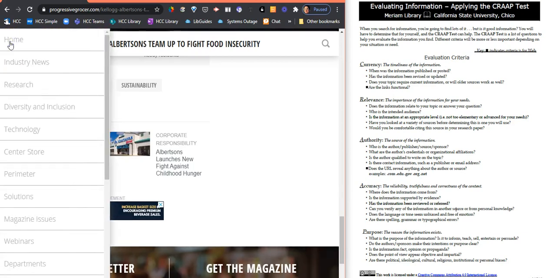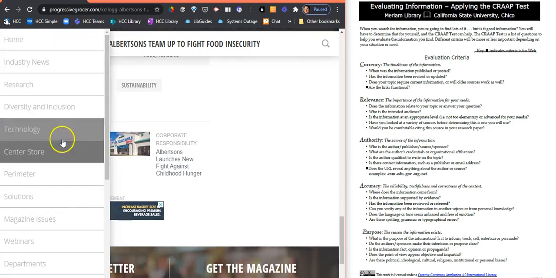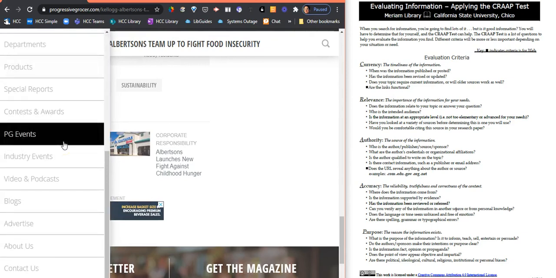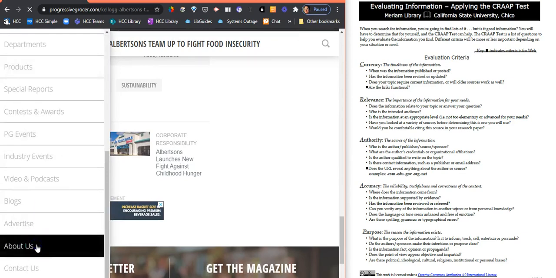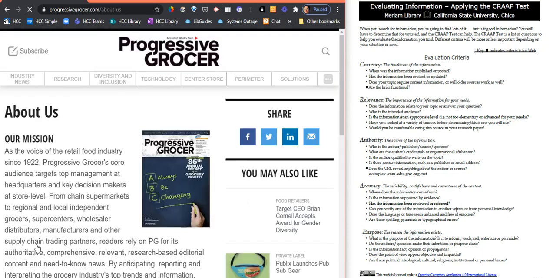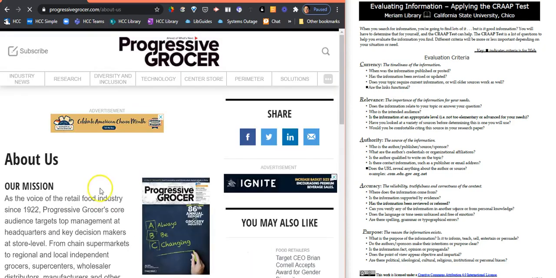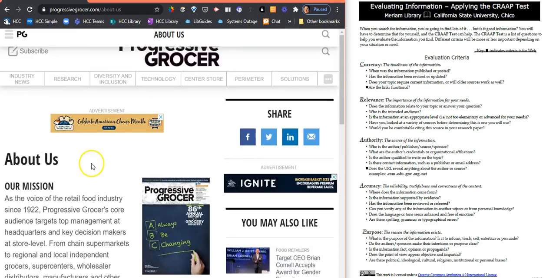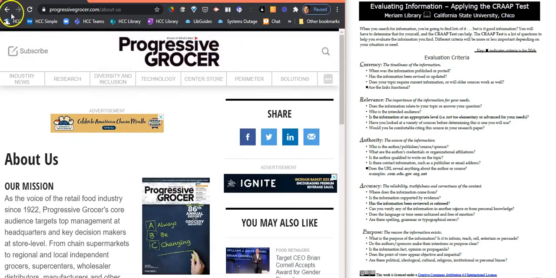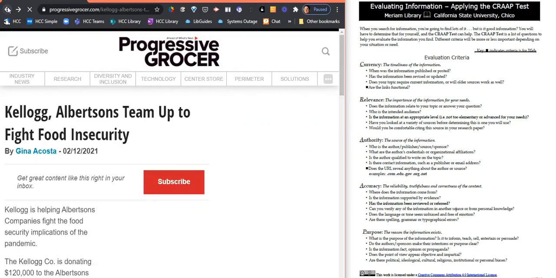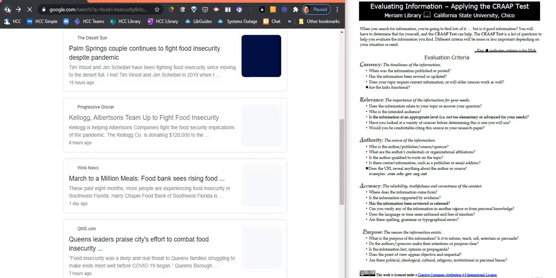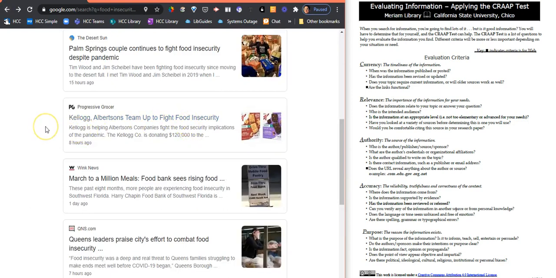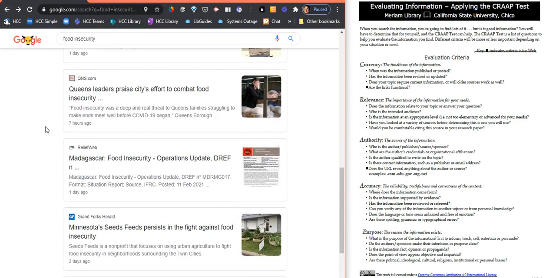Okay, Progressive Grocer, what it is, about us. So this looks like it might be a trade magazine for grocery stores. I'm not sure. So for the purpose of this report, I don't think that's going to be helpful for us. So you can see how all of these sources look very similar. They all talk about food insecurity, but they may or may not be useful for us.